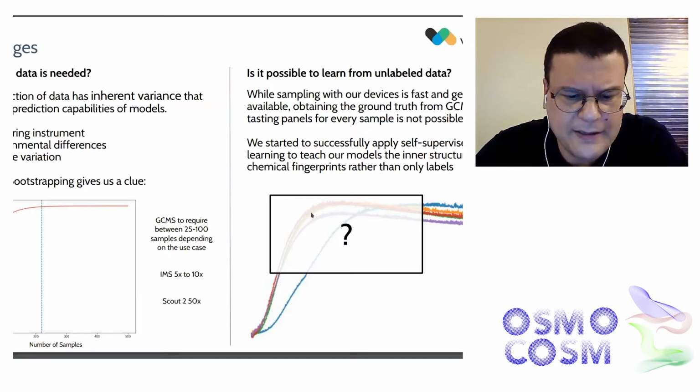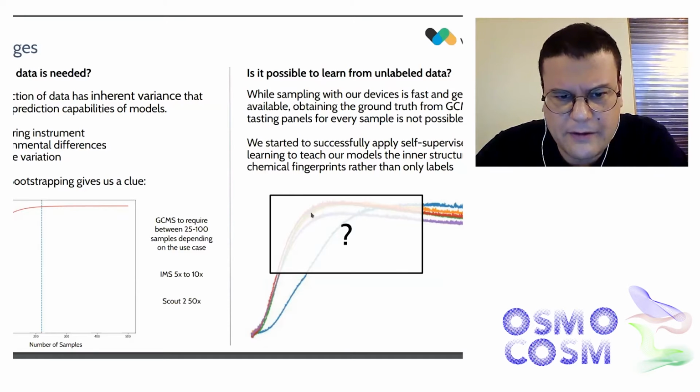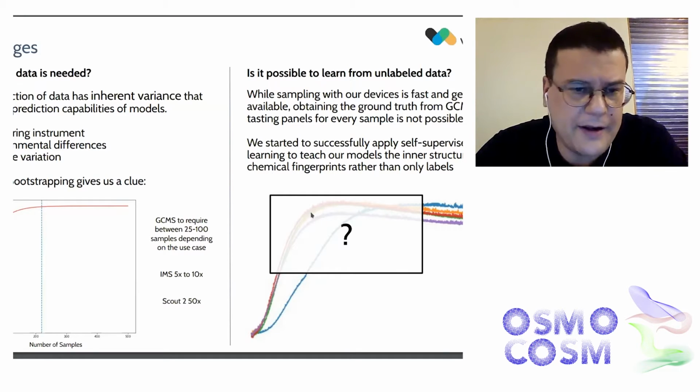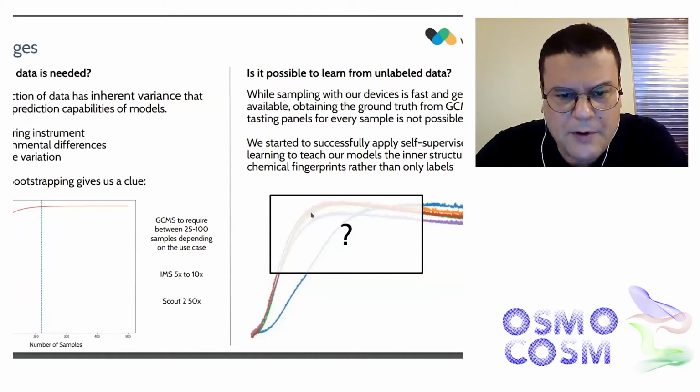And also the environmental conditions are very controlled, right? So most of the variance you would see in the data set is because of the sample variation. When we go to IMS, at least our IMS, which is still using air as carrier gas, so it's not controlling the environmental conditions that much, we need like 5 to 10 times more data.